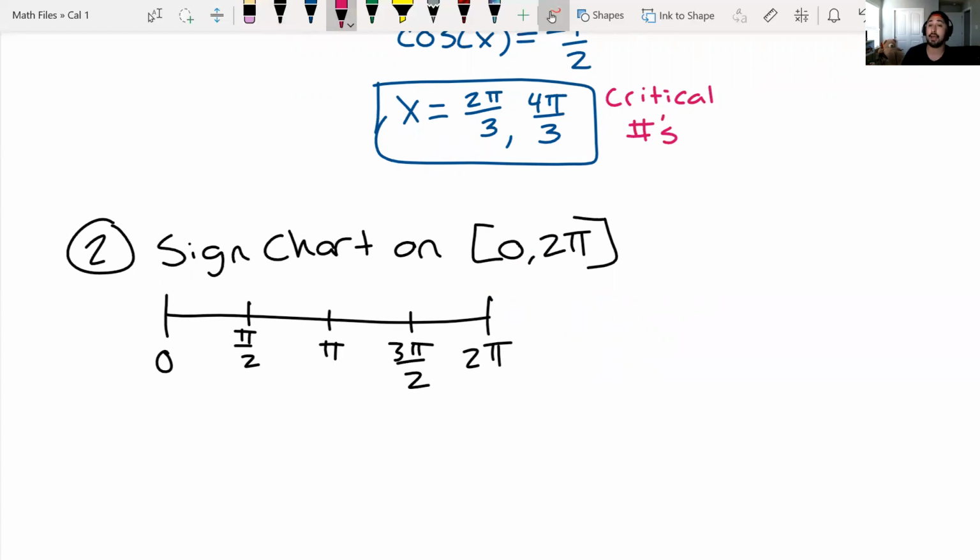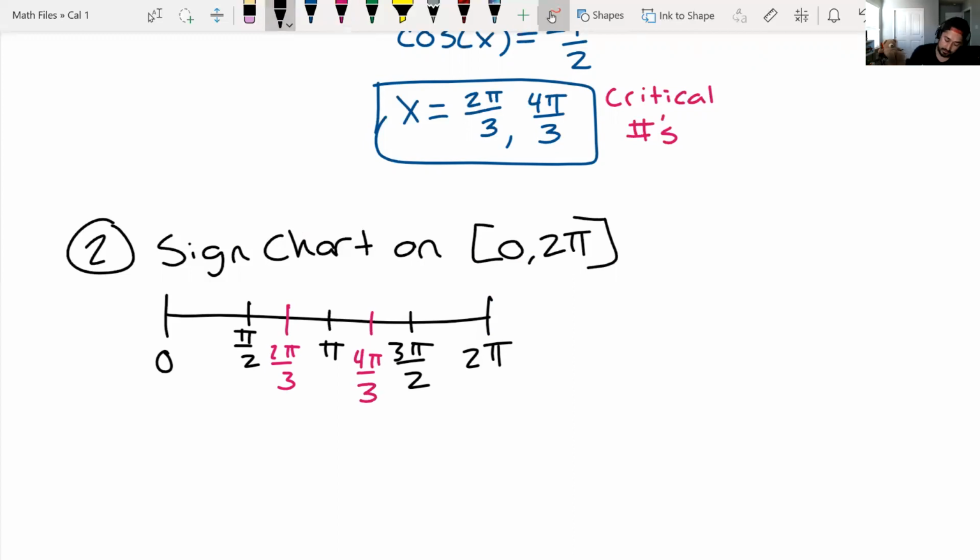And now I'll plot my actual critical numbers. So 2 pi over 3 is right here. There's 2 pi over 3. And then 4 pi over 3 is right here. 4 pi over 3.